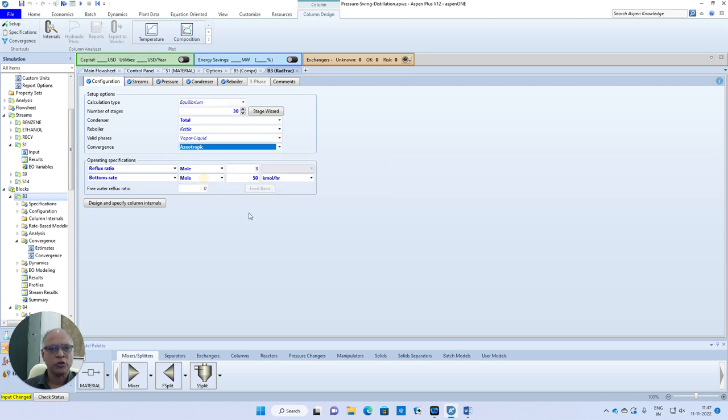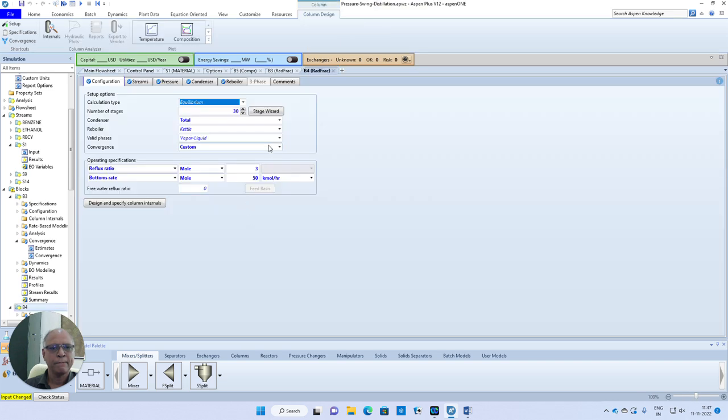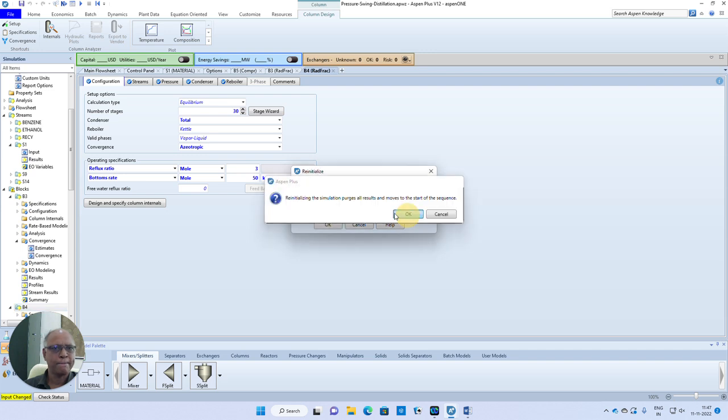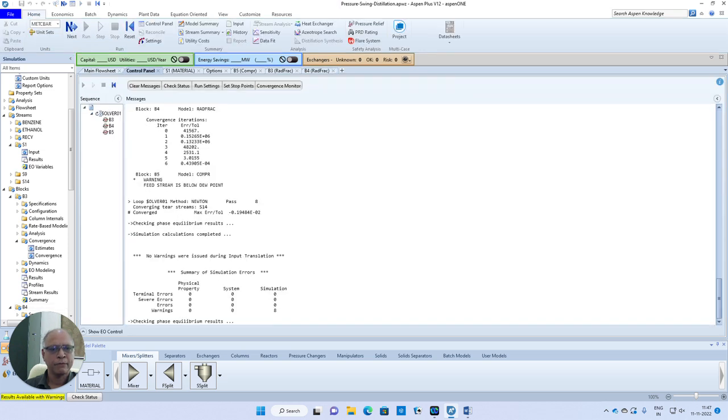Now let me take azeotropic in both cases. You have no errors, but there are some warnings. You can probably ignore them.